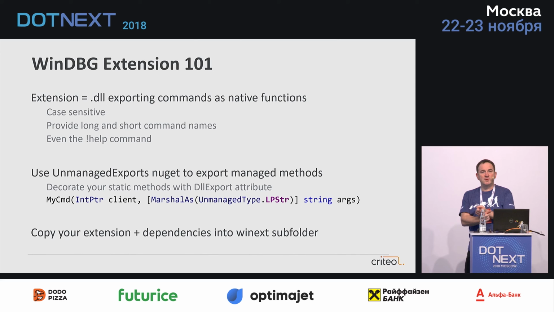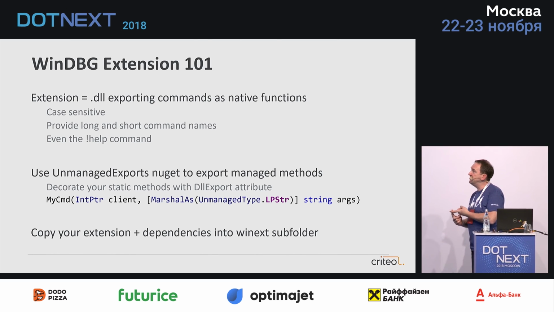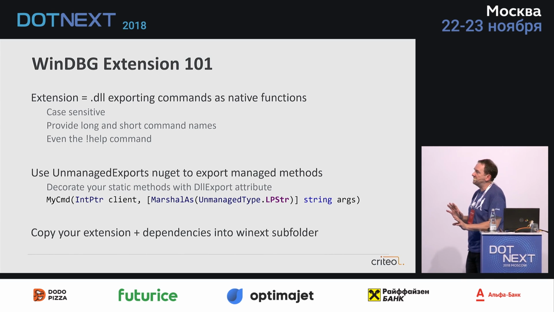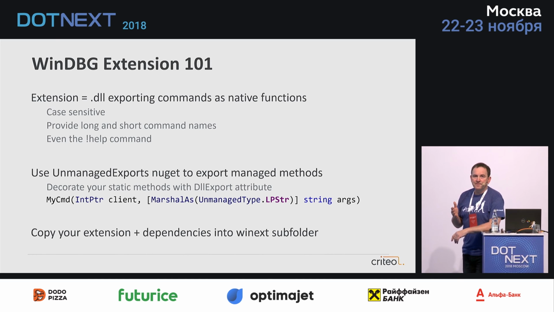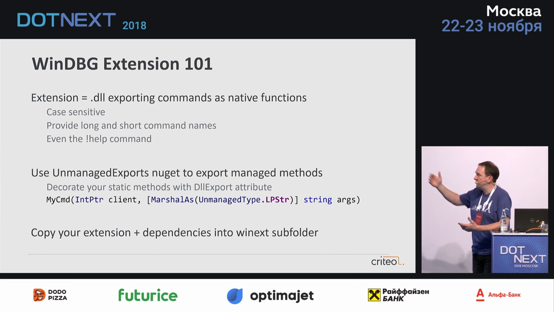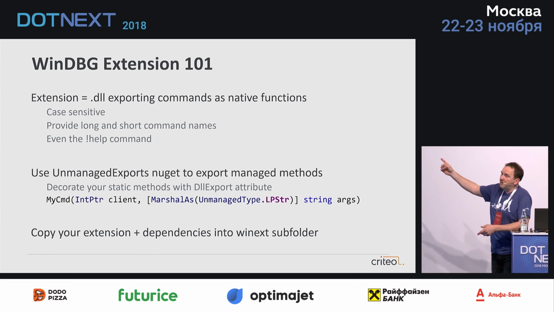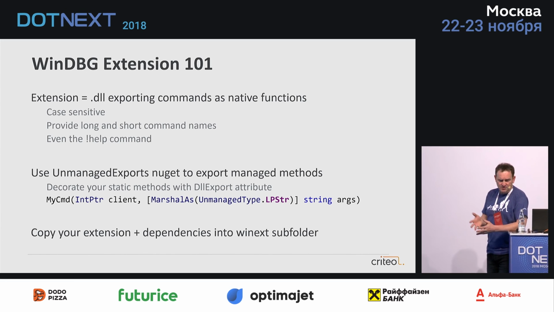The first parameter receives an IntPtr, like a void star in C. It will be the pointer to an interface provided by WinDbg. And I will show you what ClrMD will do with this. The second parameter is a string. Why do you get a string in a command?